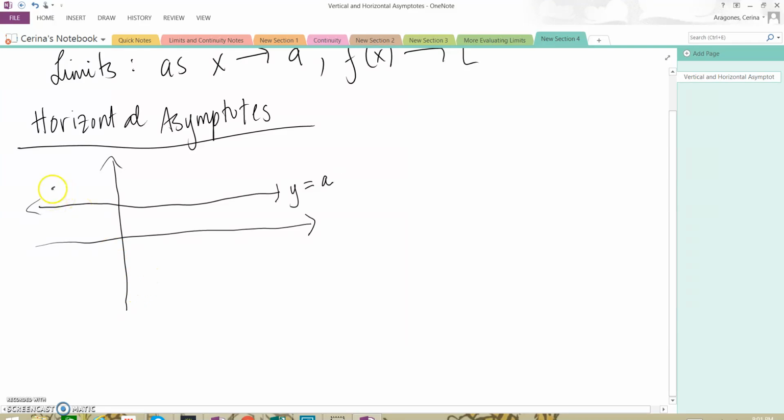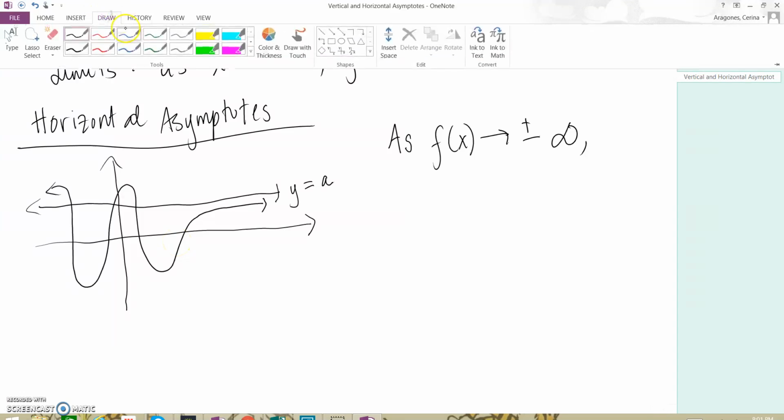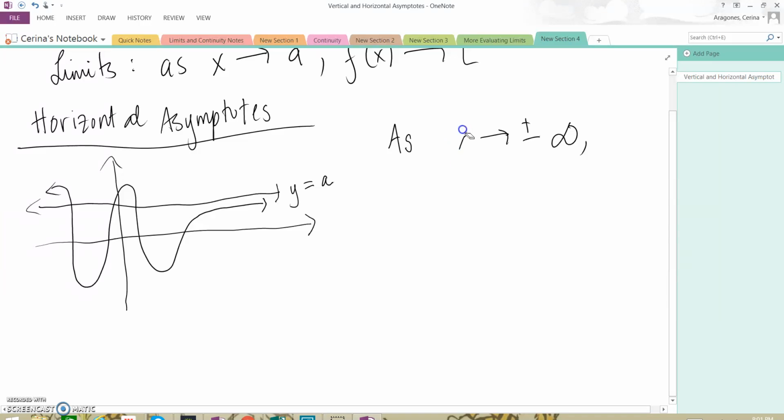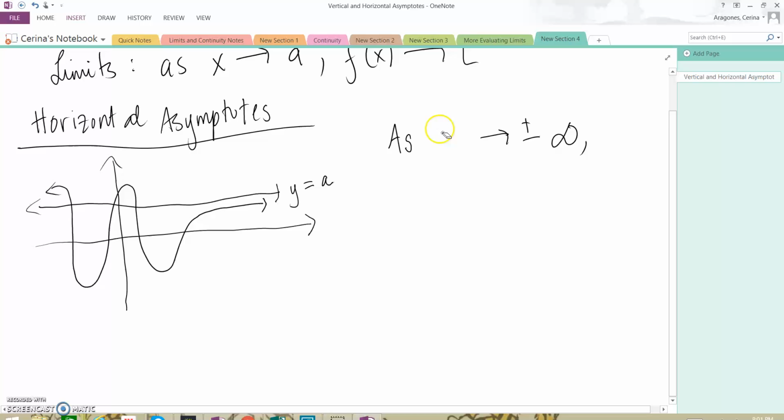Horizontal asymptotes mean that as x approaches positive or negative infinity, f of x approaches a value.